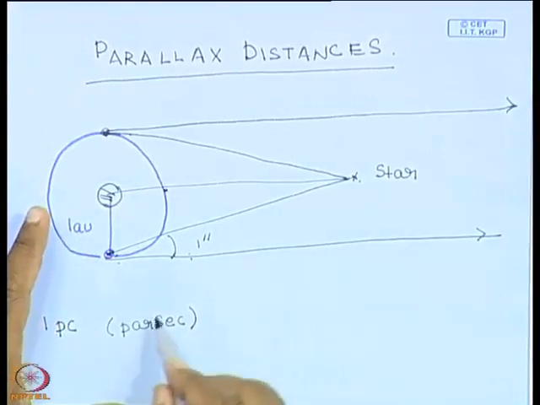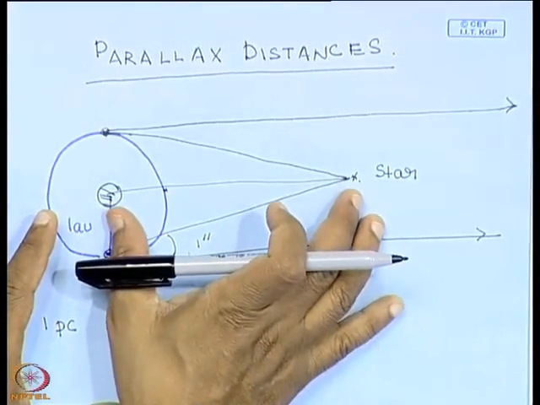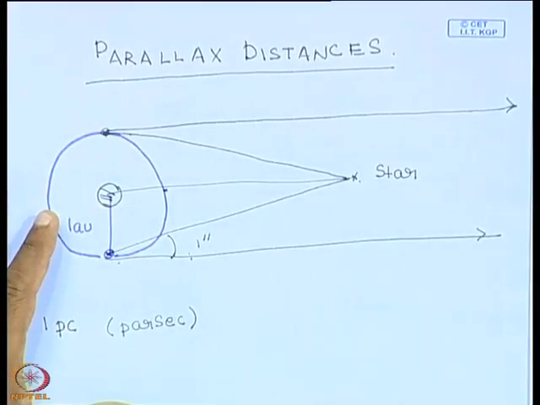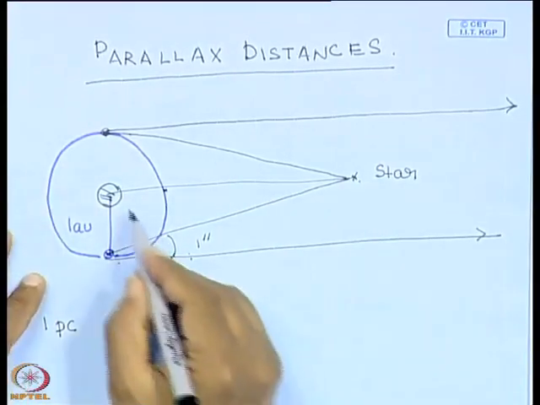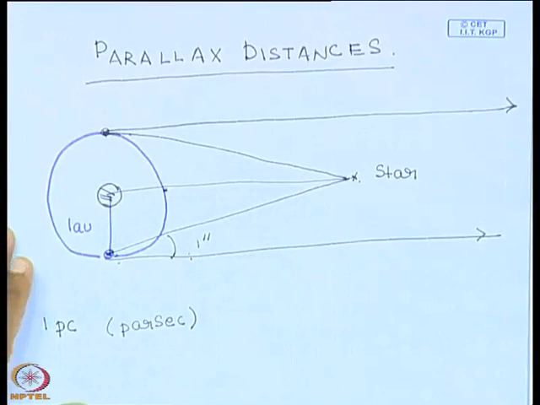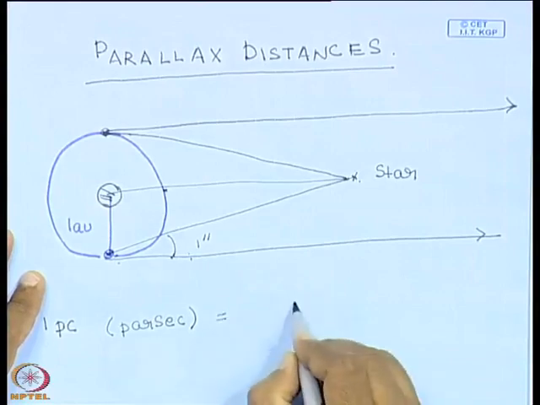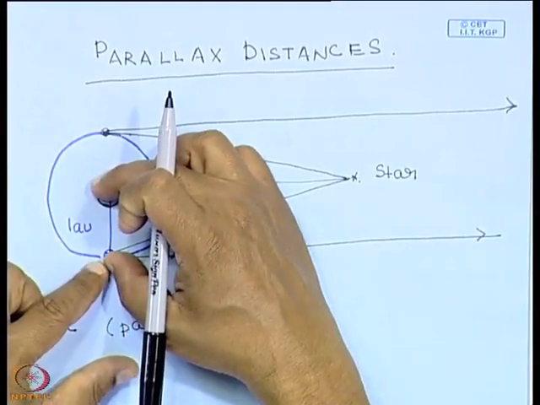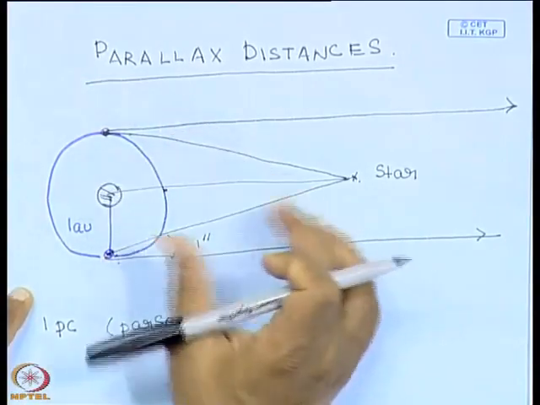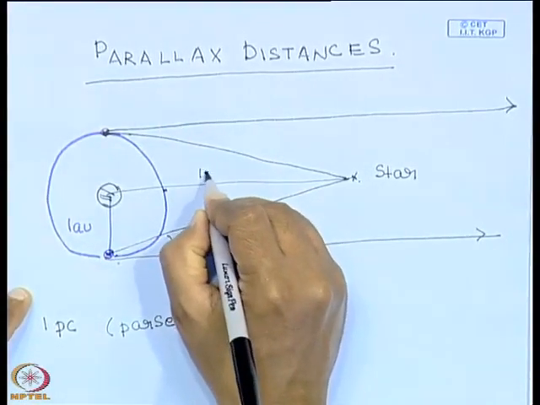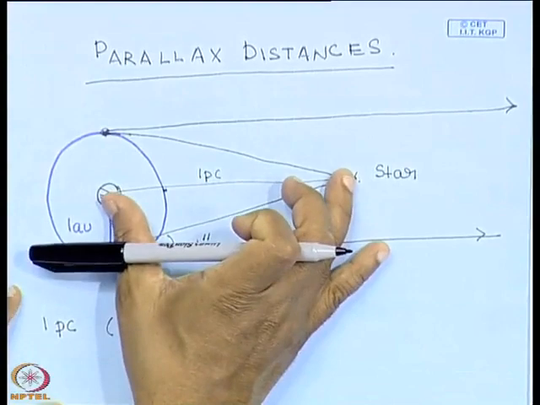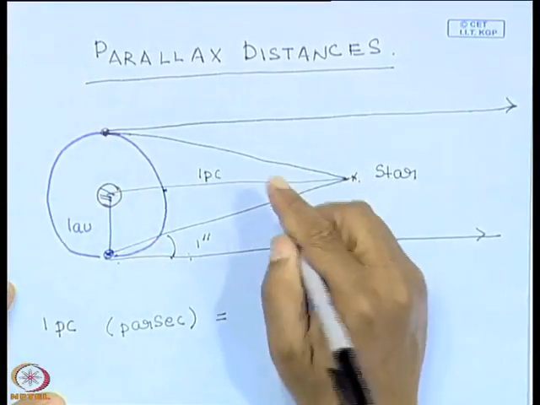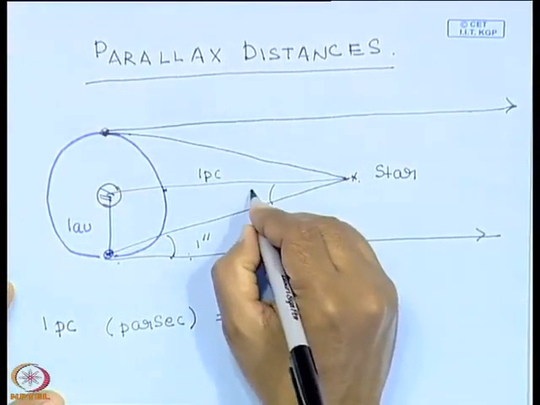So, 1 parsec is this distance, and we can calculate how much it is. 1 astronomical unit is 1 parsec, the radius, times this angle. This angle is the same as this angle.